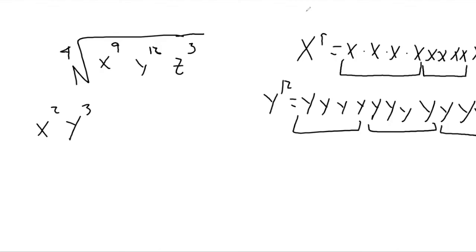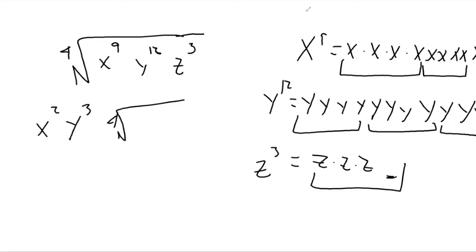And now we've got z to the 3rd, which equals z times z times z. We don't have a full group of 4 z's, so that's going to end up staying inside the 4th root.